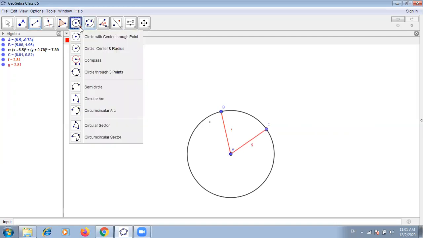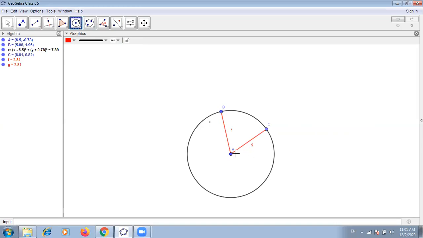From this point to this point, this is the arc. The part of the circumference is called an arc.